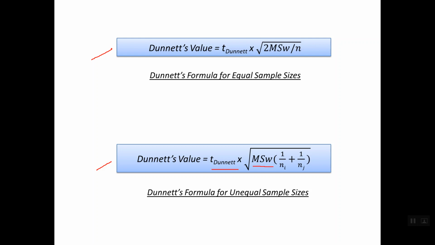Notice that one of these two groups should be the control group. So this is the formula for the Dunnett's test for unequal sample sizes.